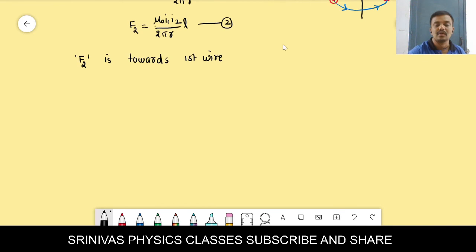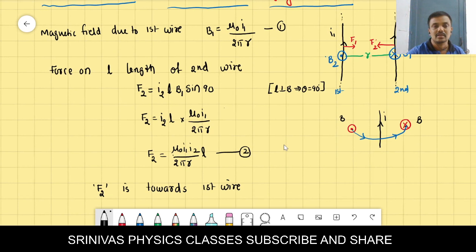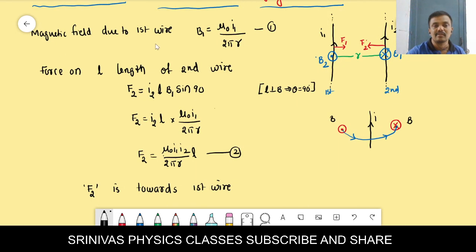First we go in reverse, as we did up till now. If you understand this, then the next steps will be very easy to understand. In the next step we write the magnetic field due to the second wire. Around the second wire, a magnetic field is also generated, that is B2. B2 is mu naught I2 by 2 pi R. Then the I1 wire is in the B2 field, that's why force will act on the I1 wire.